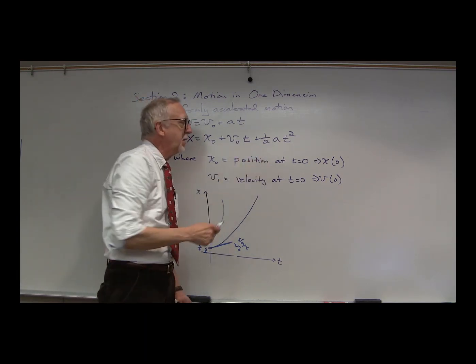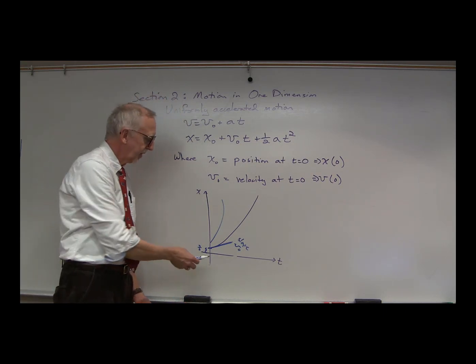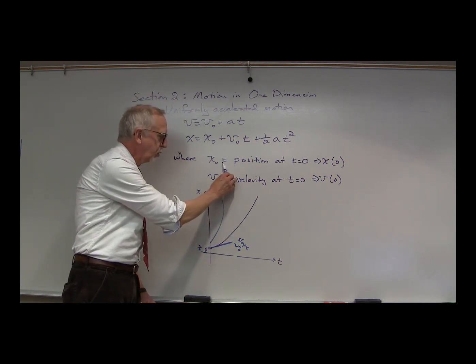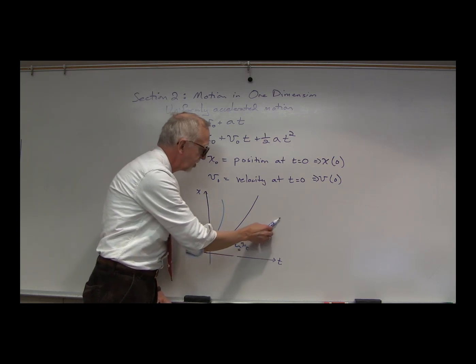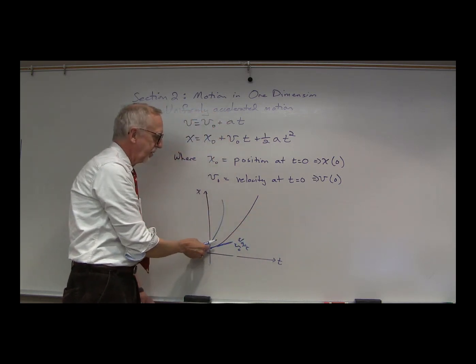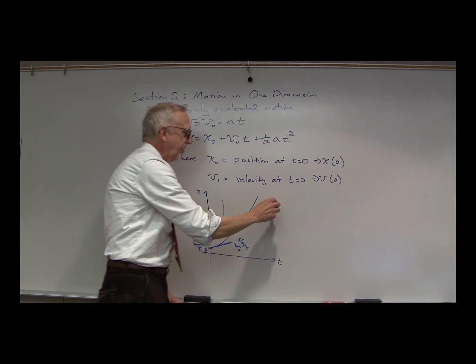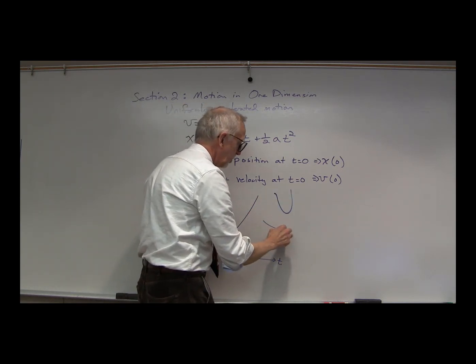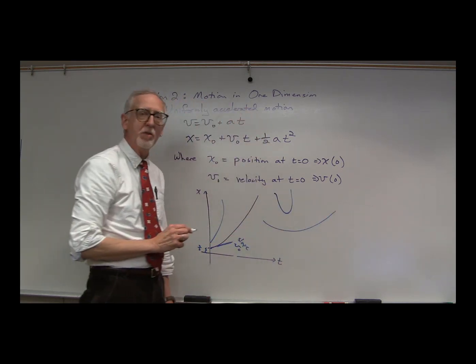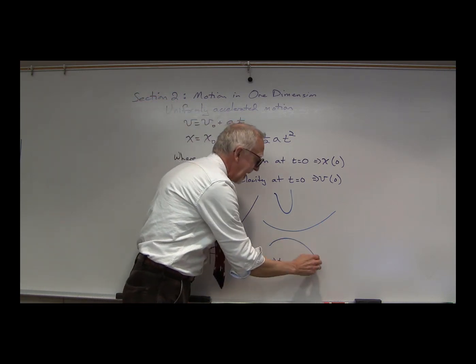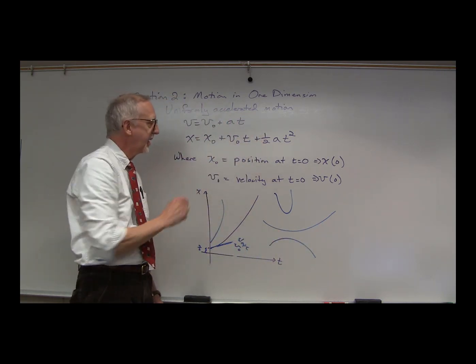And then a, remember, that'll be the second derivative. That will tell us, does the slope go up very quickly from there? Does it go up more slowly from there? Is the parabola very, very steep, a very sharp parabola? Is it a much more slowly increasing parabola? Is it a downward facing parabola if a is negative?